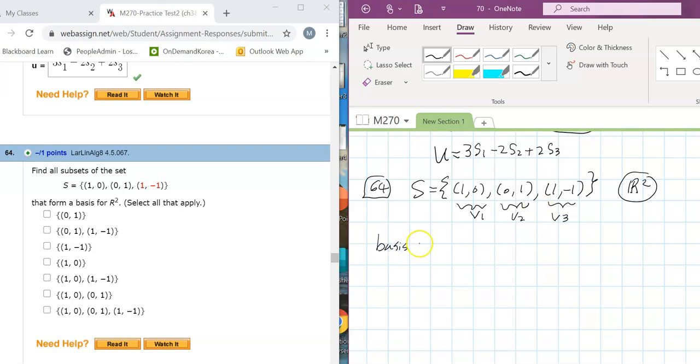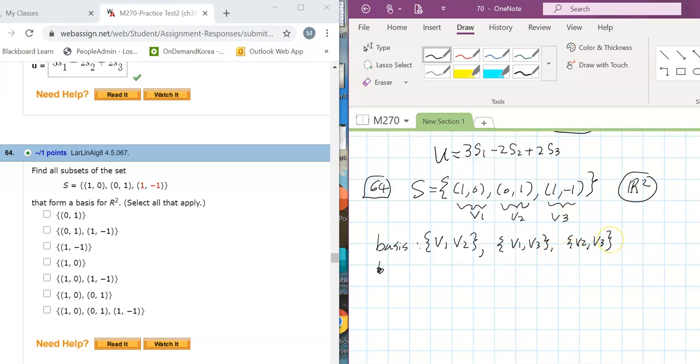Right away, V1 and V2 because they are linearly independent. Another one will be V1 and V3, and also V2 and V3. So V1 V2, V1 V3, V2 V3.